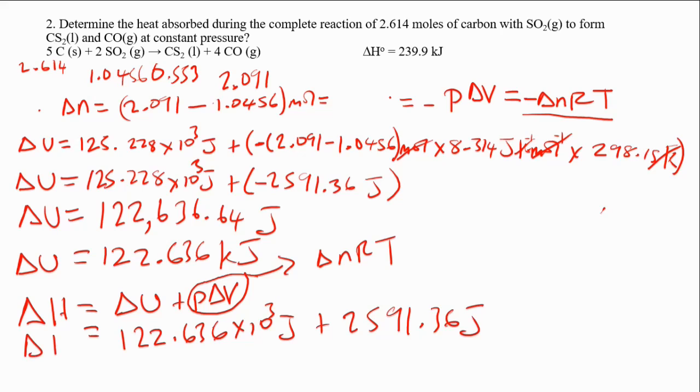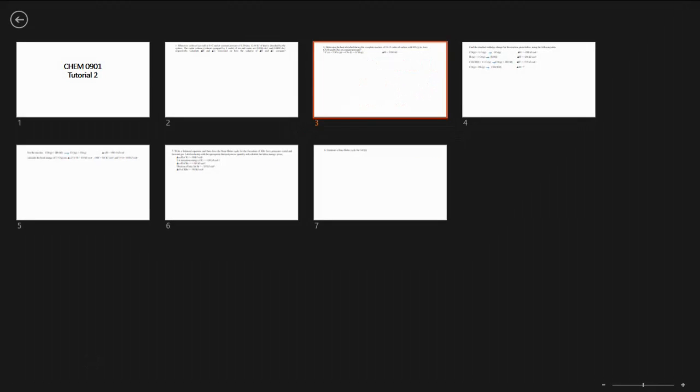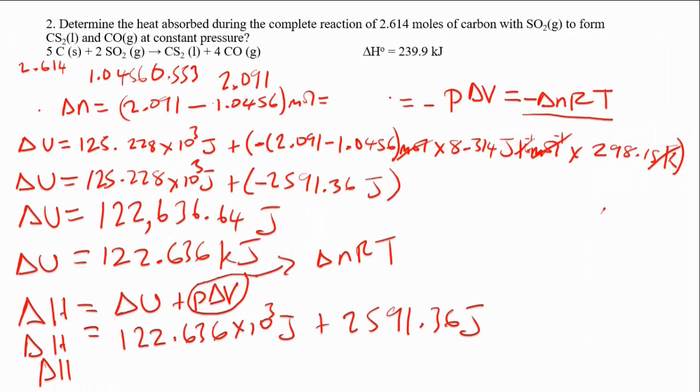This is delta H. Delta H is equal to, let's put these two values together, plus 2591.36. And so we go right back to our original value of 125.228 kilojoules. I just put it back in kilojoules. You could leave it in joules, it's not a problem.